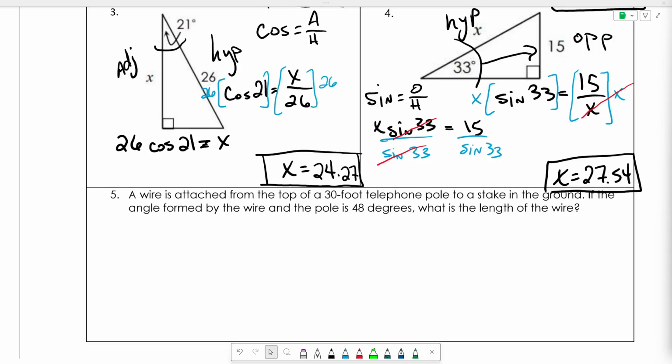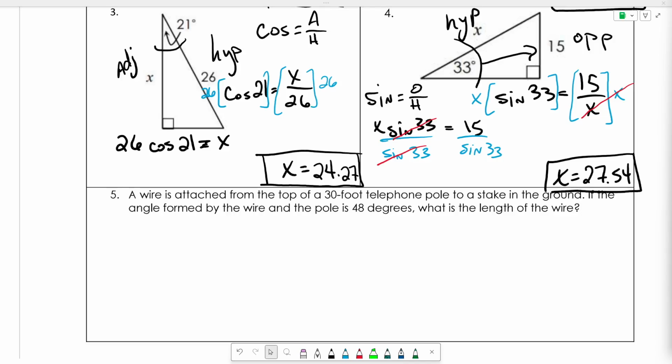Here's an example of how this might be used. A wire is attached from the top of a 30-foot telephone pole to a stake in the ground. If the angle formed by the wire to the pole is 48 degrees, what is the length of the wire?